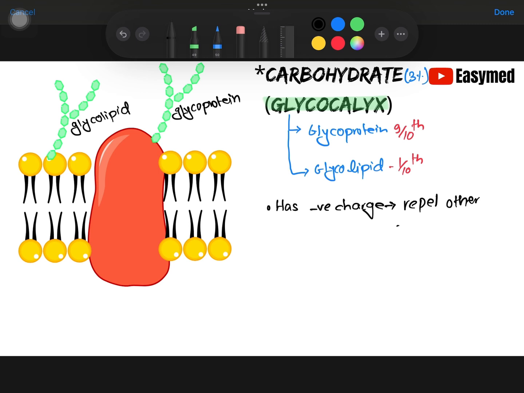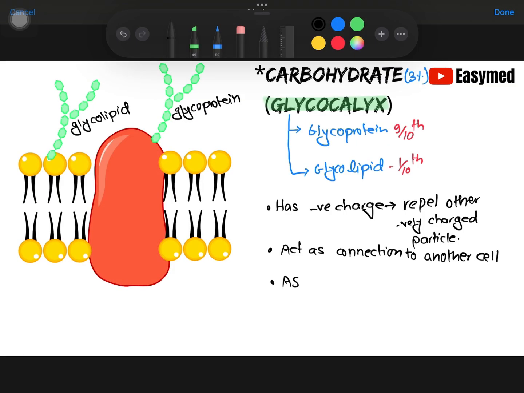The function of carbohydrate is that it has negative charge, so it repels other negatively charged particles. Second, it provides the connection between one cell and another cell. And third, it acts as receptor, like insulin binds to carbohydrate. So it is one of the important questions.